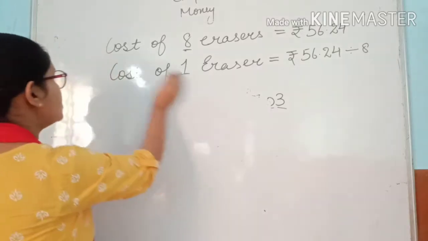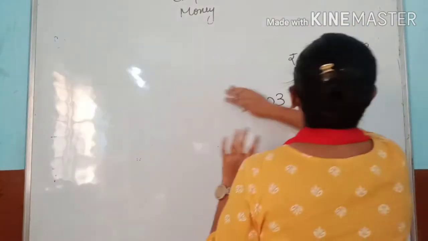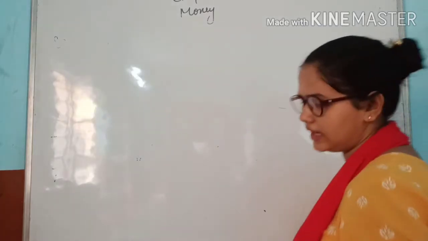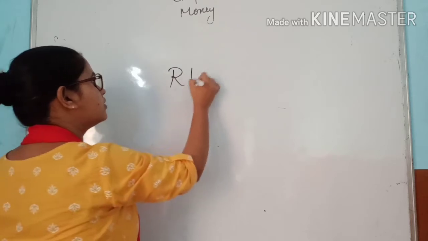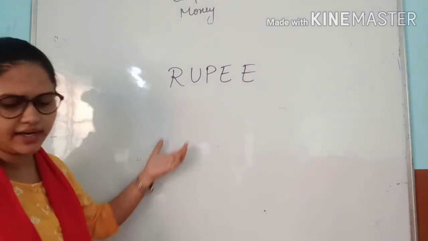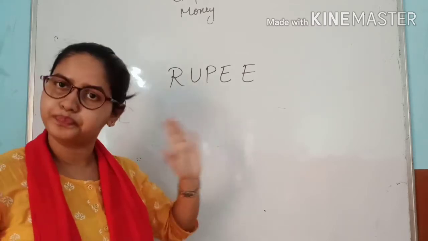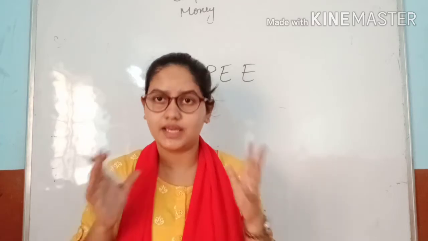Okay, so you can write the correct word with the Nepal. That is rupee. Yes, this one is the correct one. Okay, rupee. Now come to the second one: I am the currency of Japan.